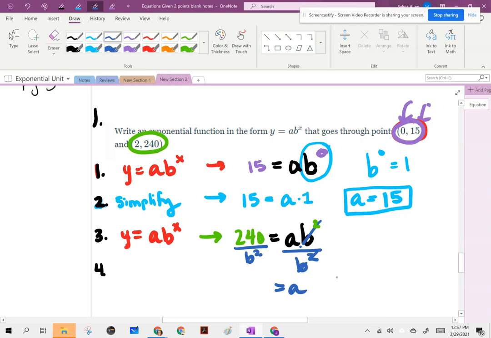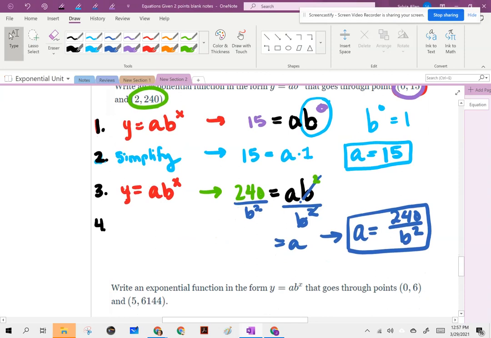So a is equal to 240 over b squared. Okay, so that was step 4. Step 5 then says to set these two guys equal to each other. And I want you to think what this means.